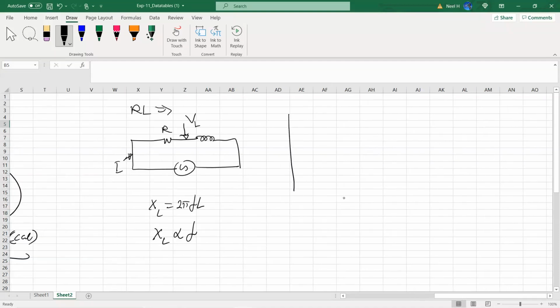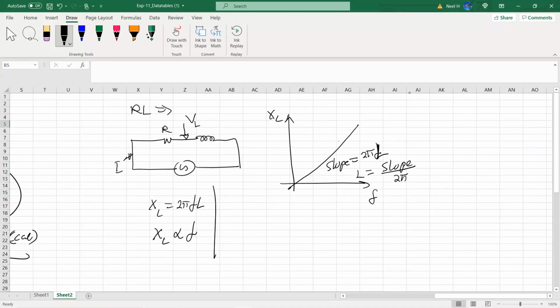So we can do the same thing again. We can make a graph of X of L versus the frequency, and that should be very linear. If I take the slope of the graph, that should be simply equal to 2 pi times L. So from there, we can calculate L, that should be the slope over 2 pi. Then we can compare that with the known value.